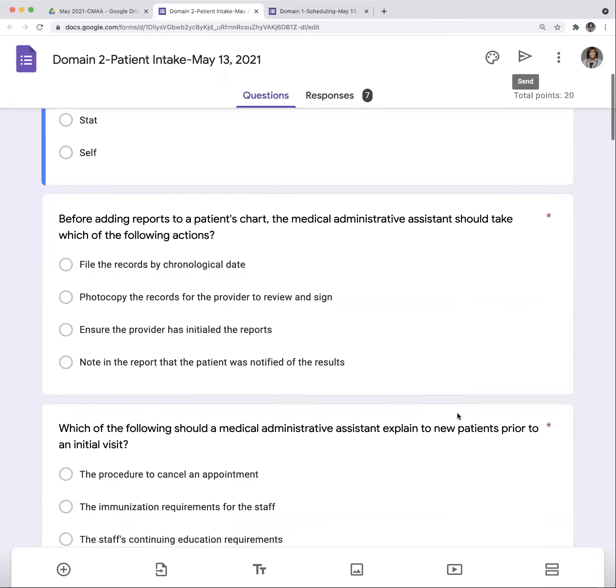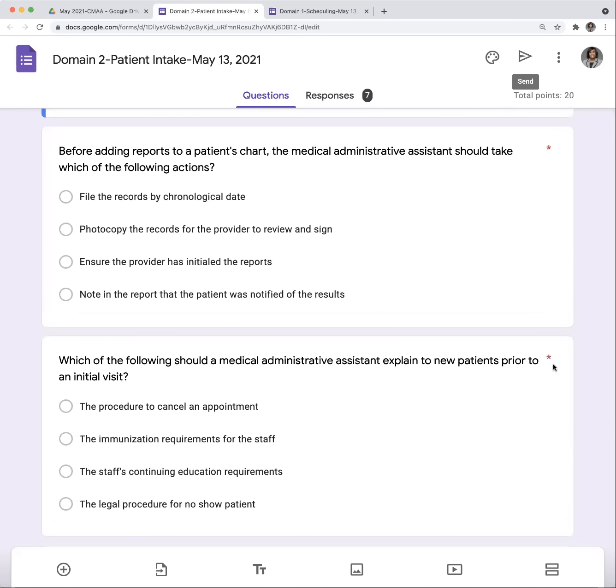Before adding reports to a patient's chart, the MAA should take which of the following actions? You don't want to just be throwing stuff in the chart. Ensure the provider initials the reports. Yes, because as the patient, you want to make sure he looked at it.